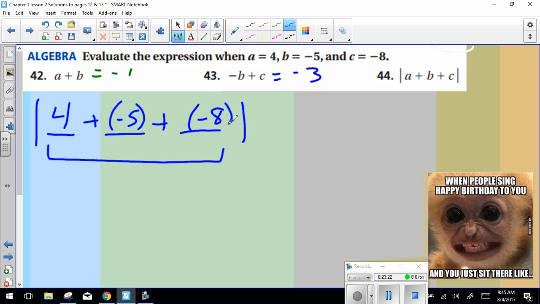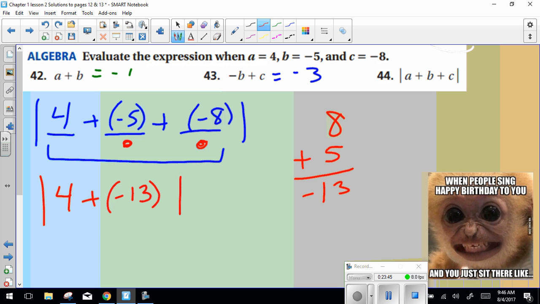Okay, so let's begin. What I'm going to do is add the two negatives together. So 4 plus, I'm going to take 8 and 5 and add it together. 8 and 5, I get 13. Since they're both negatives, I keep the negative.